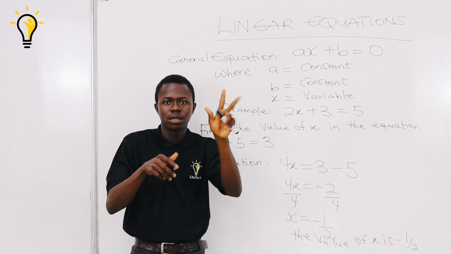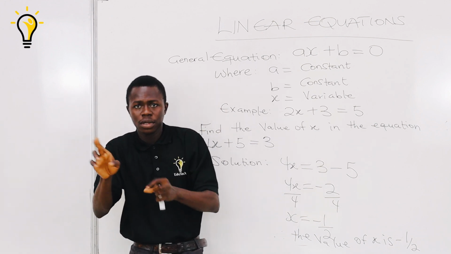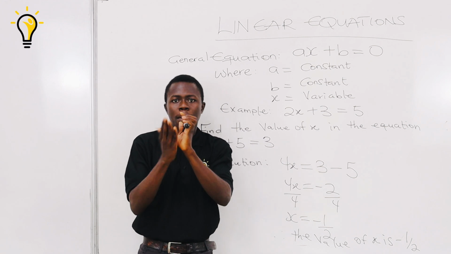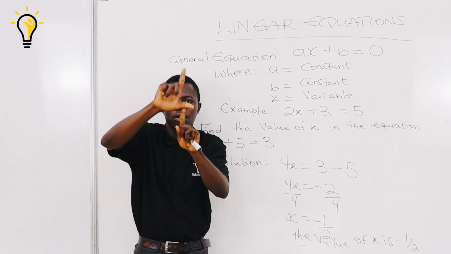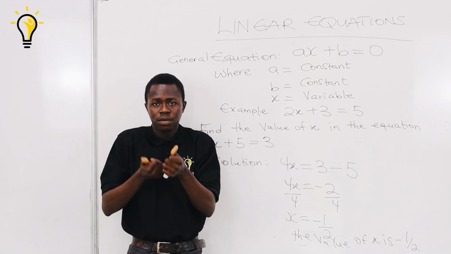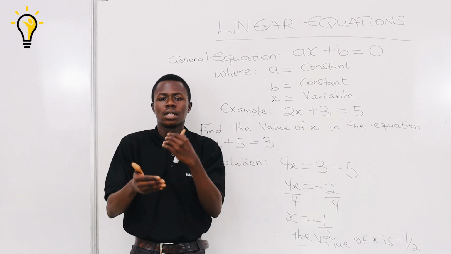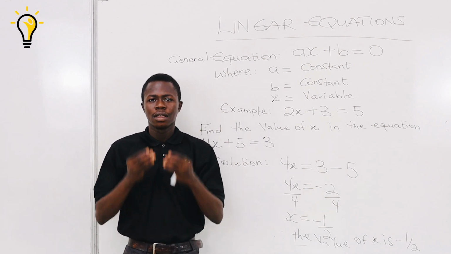Then the last step, step 3, is to divide both sides of the equation by the coefficient of x. If you're able to follow these steps, then we can easily solve simple linear equations.